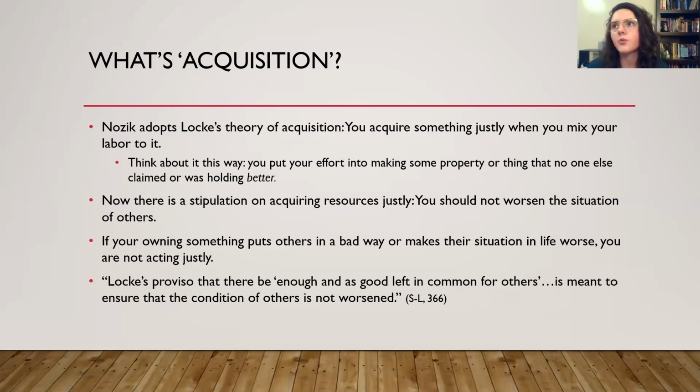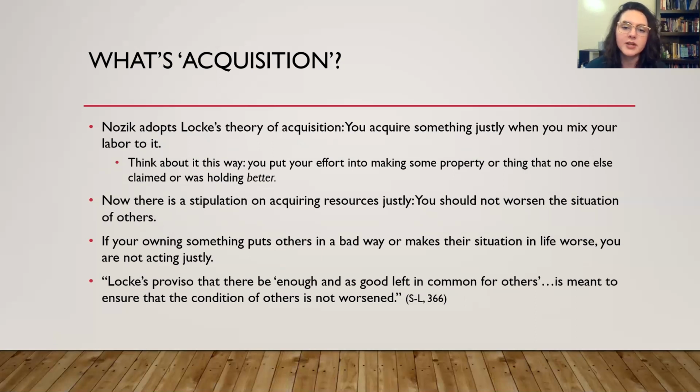So think about monopolies. Monopolies might not be just because it's one person controlling this scarce resource. So imagine you were on a desert island and maybe there were a couple of wells on the island and all the other ones dried up except the one that you owned.